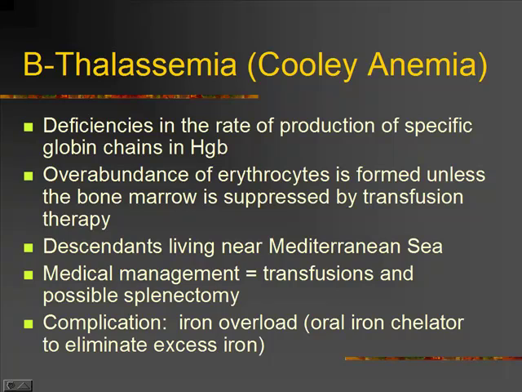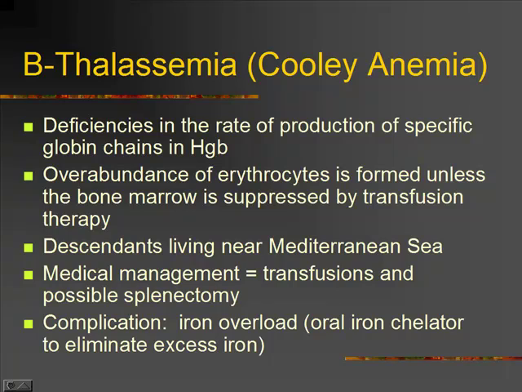This is primarily seen in descendants of people in the Mediterranean area, around the Mediterranean Sea. The medical management is transfusions. These kids often will need a splenectomy, their spleen removed. And another complication we have to watch for is iron overload.